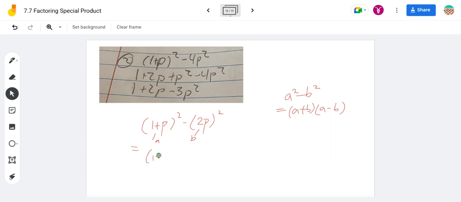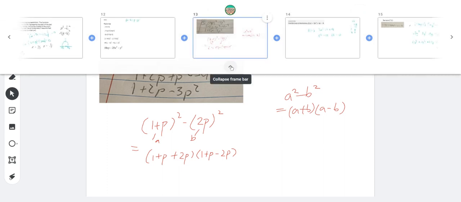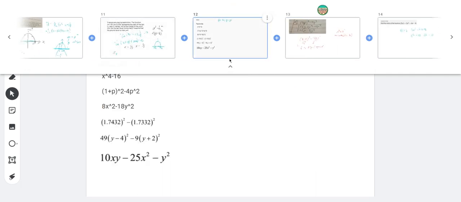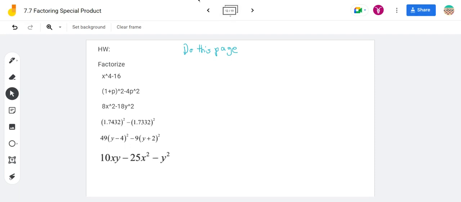So we can write this as a plus b, a minus b. And then the other three questions over here.